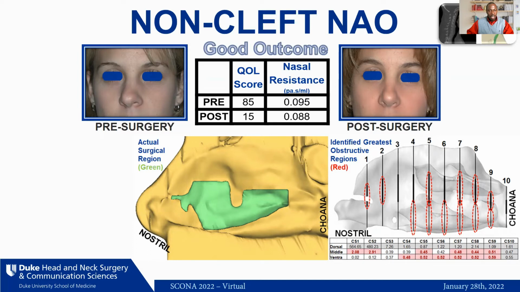The red outlines are identified sites of greatest obstruction, and the table below shows the resistance value at every segment. The highlighted regions in the table are the identified sites of greatest obstructions. Both figures show a good agreement between the green region where surgery was done and our identified site of greatest obstruction.